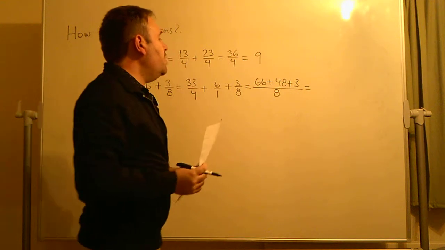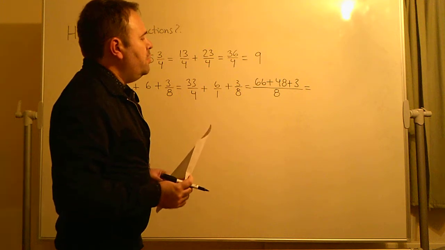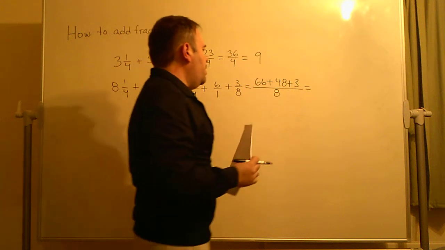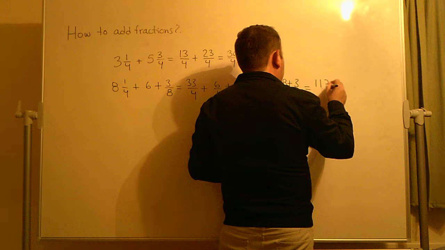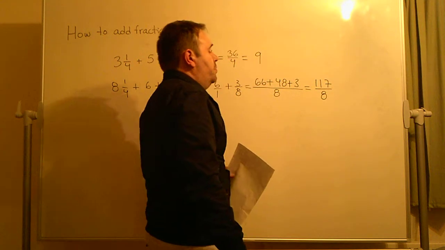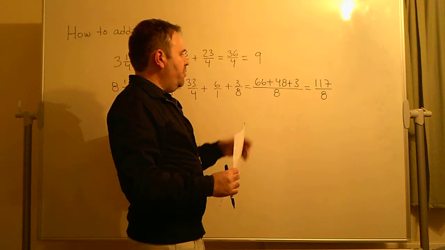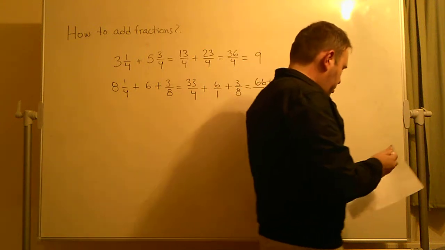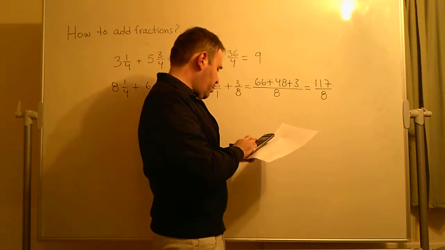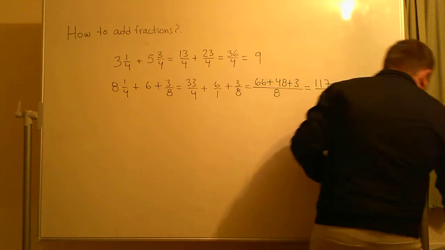Then 48 plus 66 turns out to be 114 plus 3 will be 117 divided by 8. And this fraction cannot be simplified any further. Just let me make sure that I didn't make a mistake. 66 plus 48 plus 3, 117 eighths.